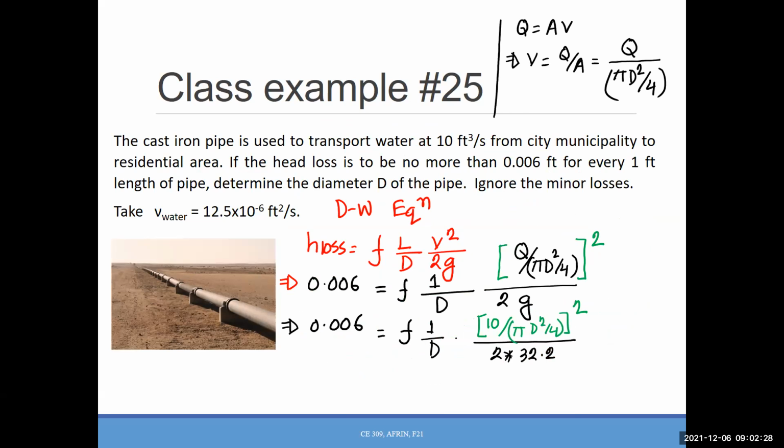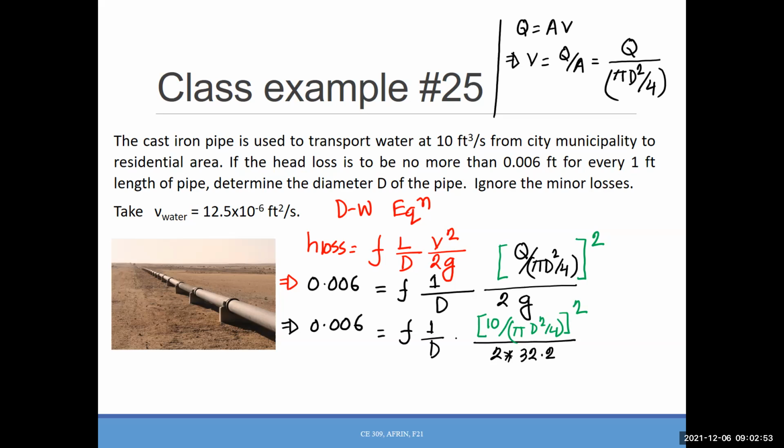We also know the head loss, or the energy loss within the system, per unit length of the pipe. Now, as an engineer, it's your task to find what will be the pipe size which can carry 10 feet cube per second of water. So that's what we were trying to do.